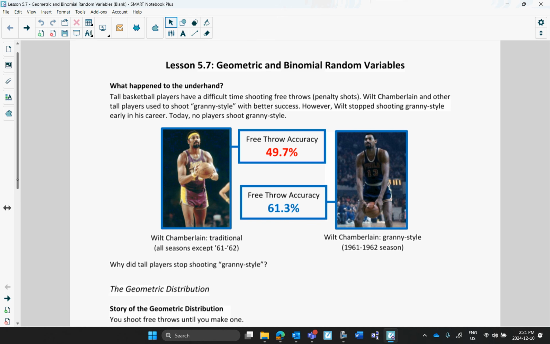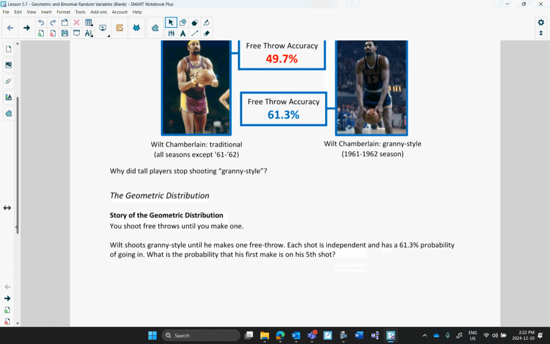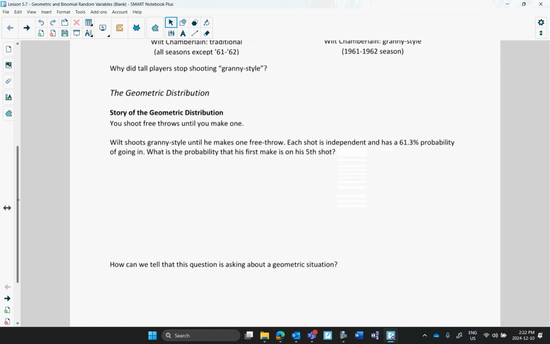So you can see here's one player, Wilt Chamberlain, whose free throw accuracy was over 61% when he shot underhand, but under 50% when he shot overhand. And yet he changed to overhand. Okay? So why did some of these guys stop shooting underhand and go to the overhand, even though it didn't seem to be helping them? It made it worse.